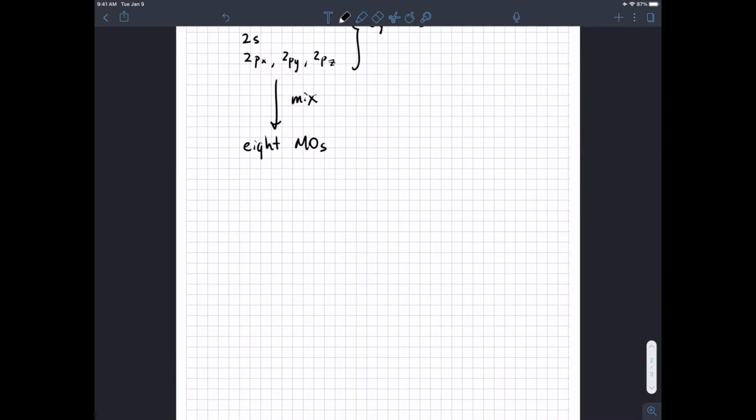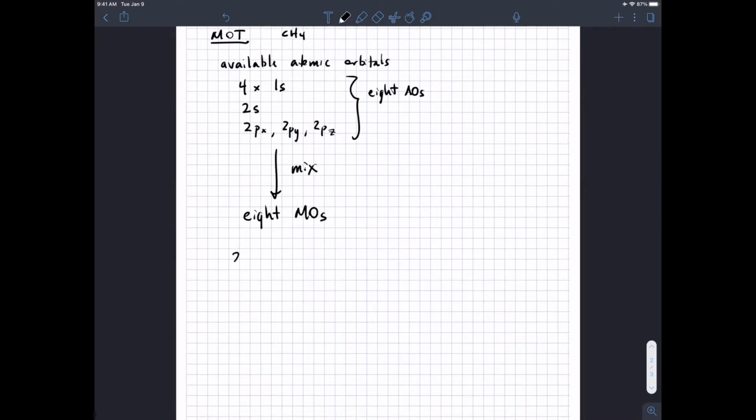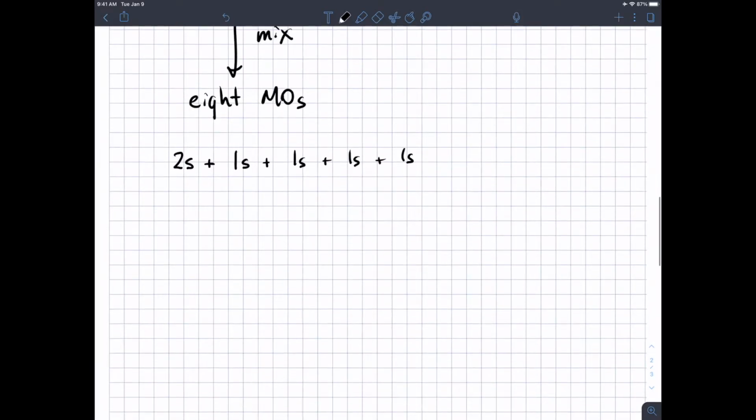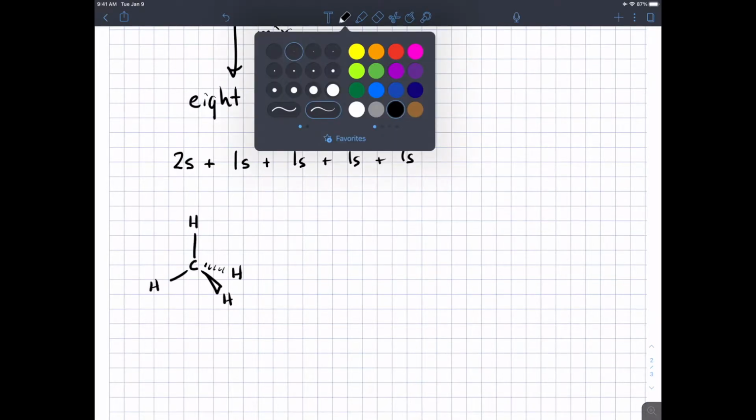All right, so our first combination could come by mixing the 2s orbital from carbon with each of the 1s orbitals on hydrogen, all constructively, all with the same wave function sign. I'm going to draw the Lewis structure of methane again to show you in a picture what I mean by adding those orbitals together.